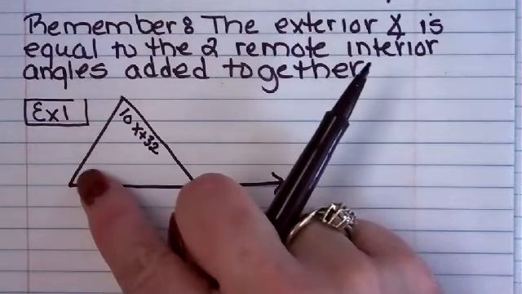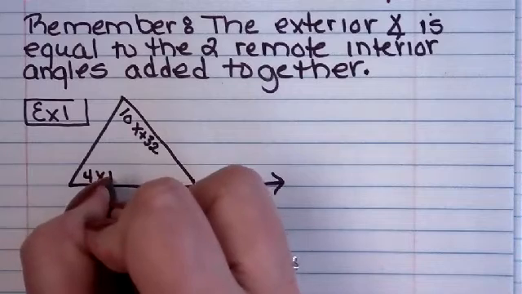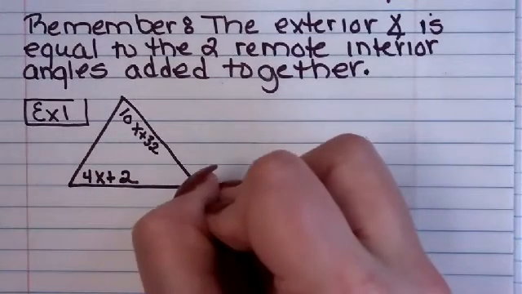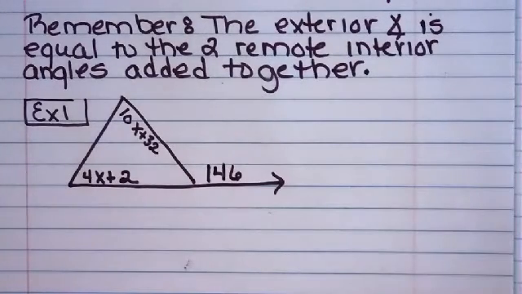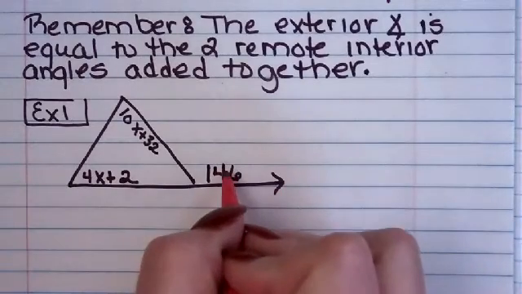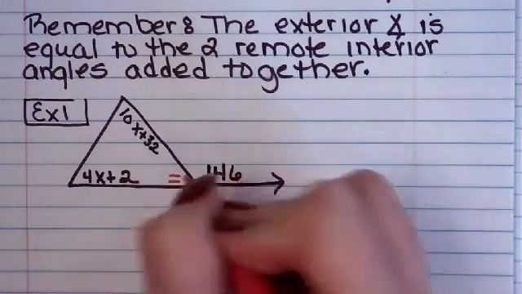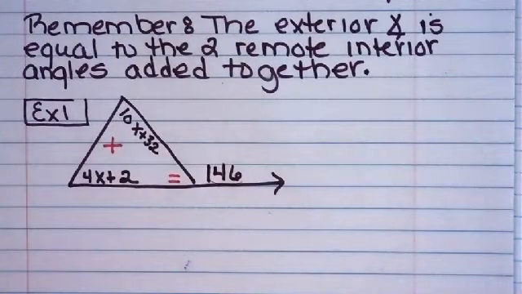We're going to let this bottom angle right here be 4x plus 2. And then we've got our exterior angle out here, which is 146. Okay, now I want you to remember in our last video what we talked about was the fact that that exterior angle out here is equal to these two interior angles added together.